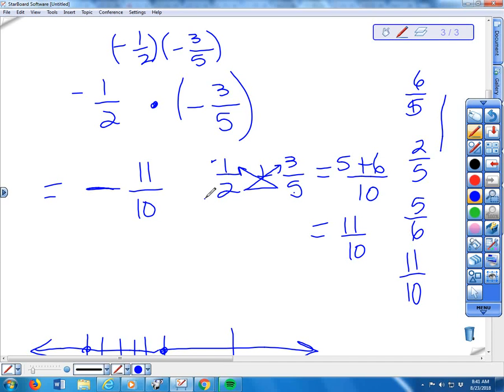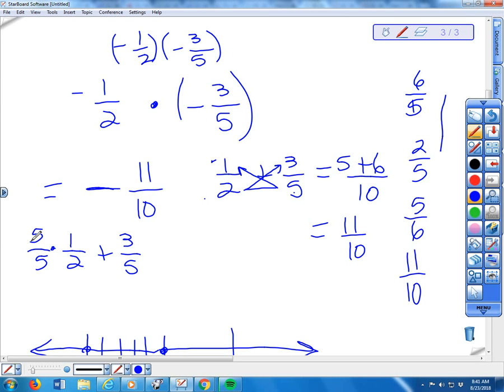Okay, let's do it the other way. 1/2 plus 3/5. What is the least common multiple? 10, right? So to get 10 here, I'm going to multiply by 5, but I have to do that to the top so that I have that identity maintained.